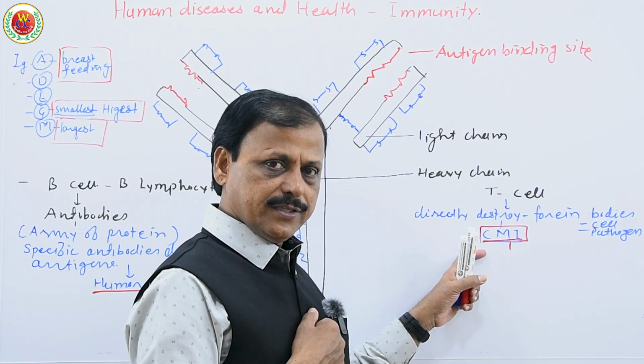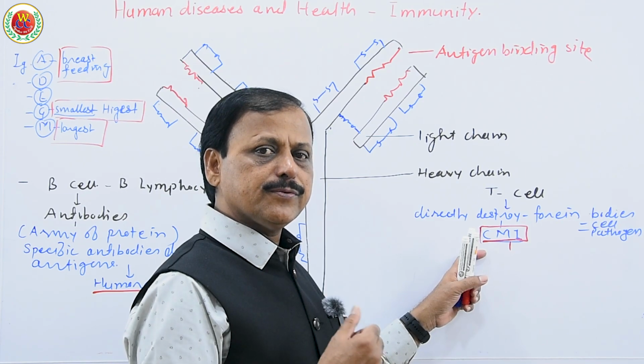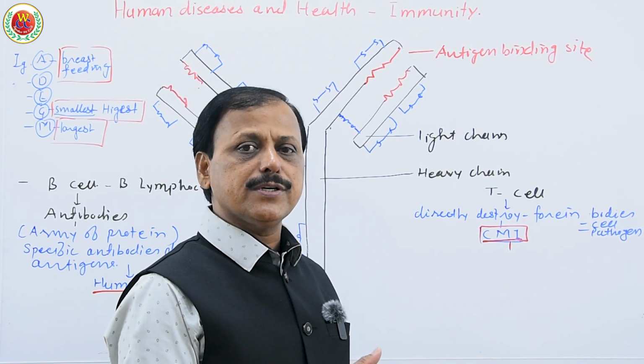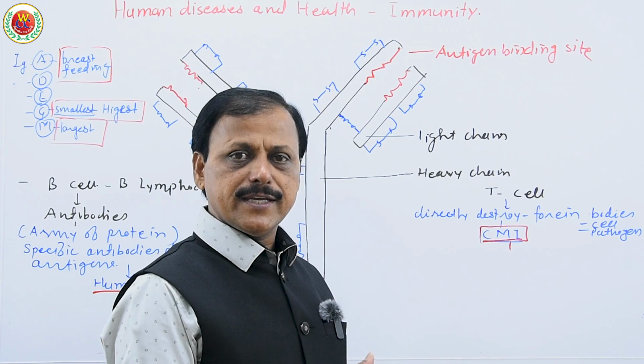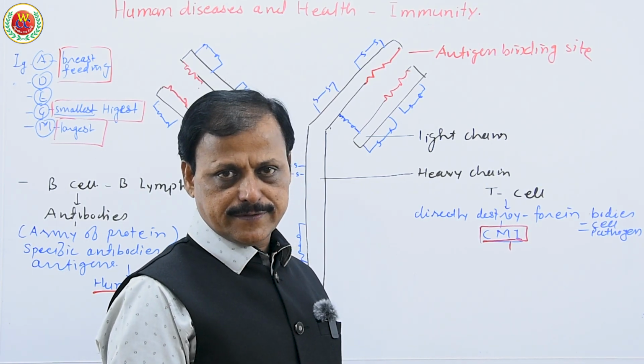So to protect that kidney transplant from a sibling, we need to take the immunosuppressant. As you learned, cyclosporin A is an immunosuppressant given to the patient who gets transplantation.